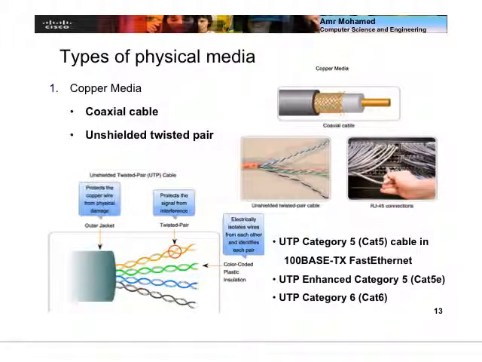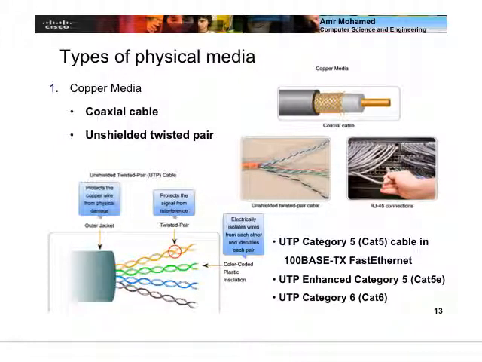The other part of this chapter talks about cabling. And of course, you have covered, or at least you will cover, cabling in the lab. So here we have different types of cables. We have the copper media, we have fiber optics, and we have wireless.